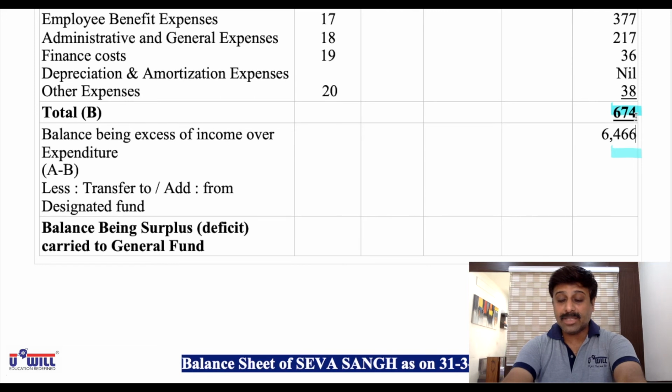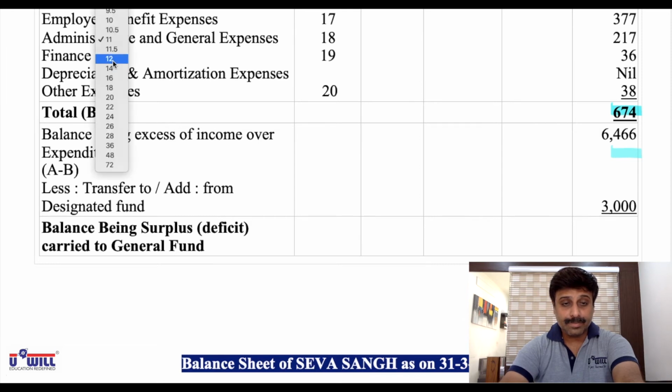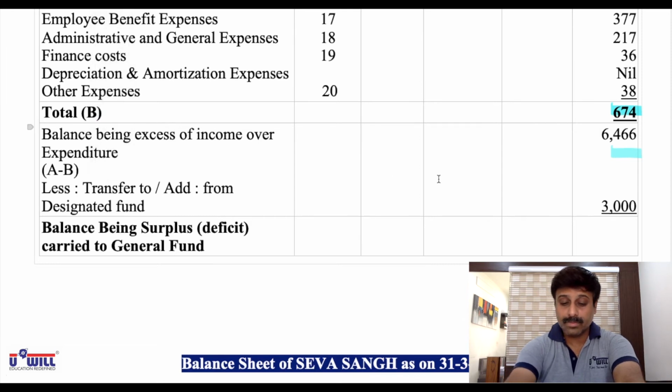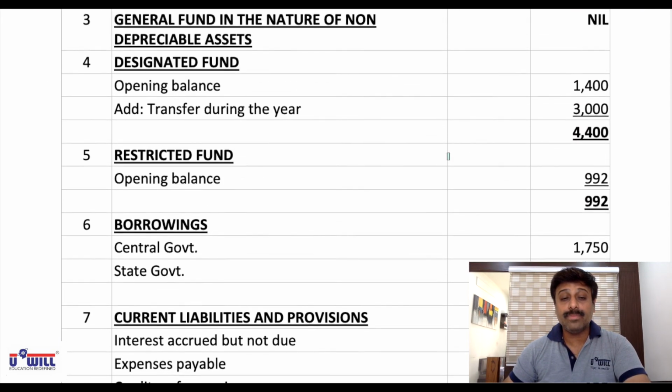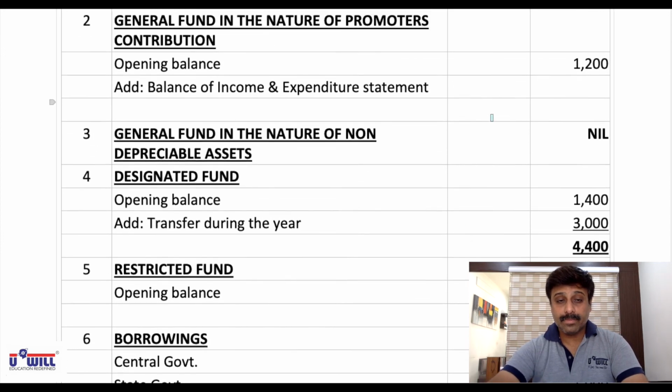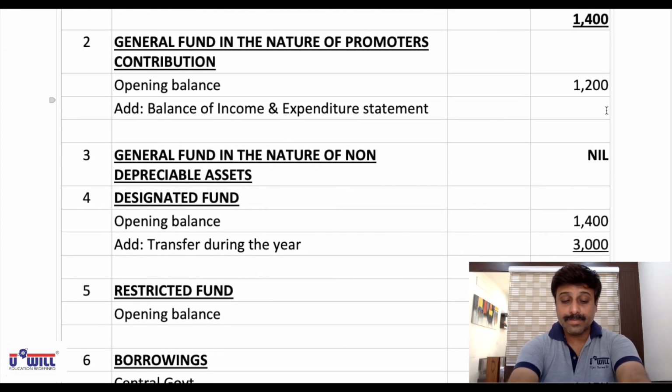Now it is given in the adjustment that we have to transfer 3000 to designated fund, that we have to subtract. So 6466 minus 3000, the balance will come to 3466. This 3466 we have to show in schedule number 2.